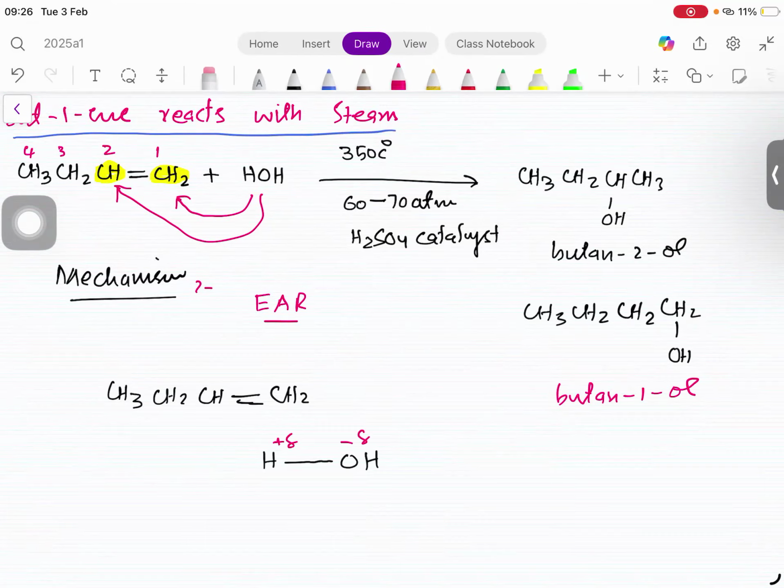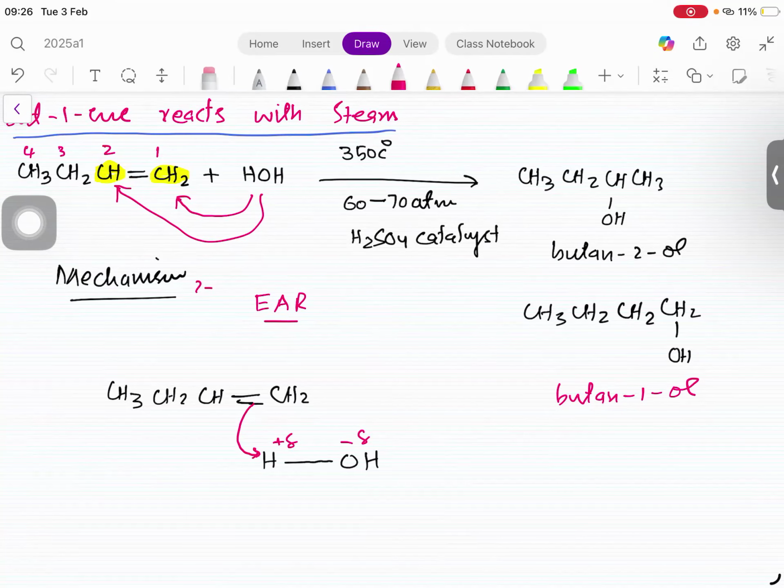This side is partial negative. Now in the first step, the electrophile part, the hydrogen part, is going to add to the chain. In order to add, we need an electron pair. Where will that electron pair come from? Yes, the double bond electron pair will be used.